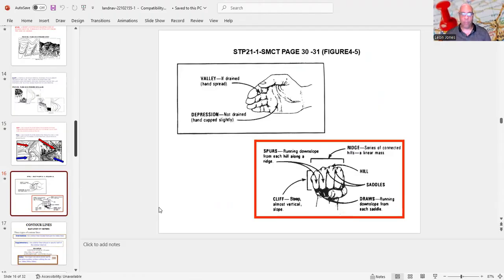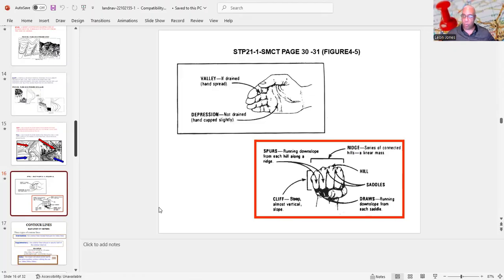Now, if you look at it: valley, if drain, hand spread; depression, not drain, hand cupped slightly; spurs, running down slope from each hill along a ridge, using your hands; cliff, steep, almost vertical slope; hills; saddles; draws, running down slope from each saddle; a ridge, again, mentioned it earlier, a series of connected hills, although I didn't say it in that way.